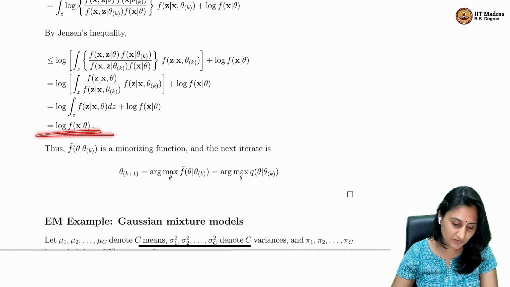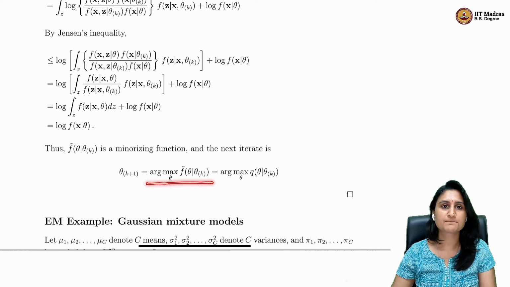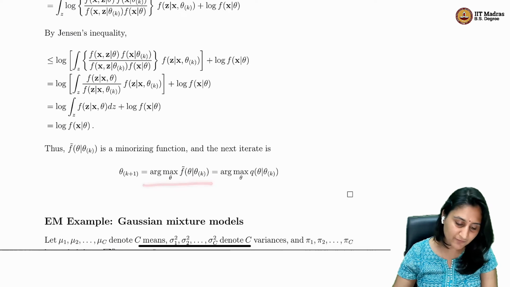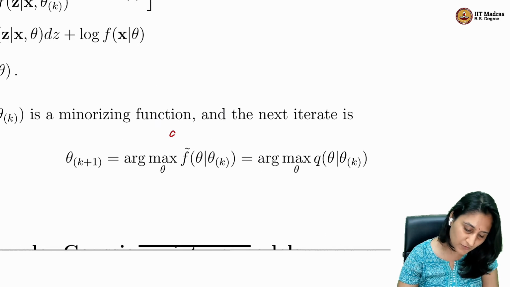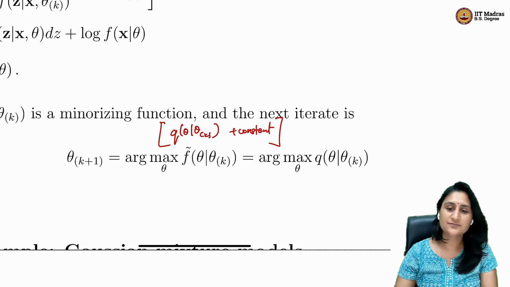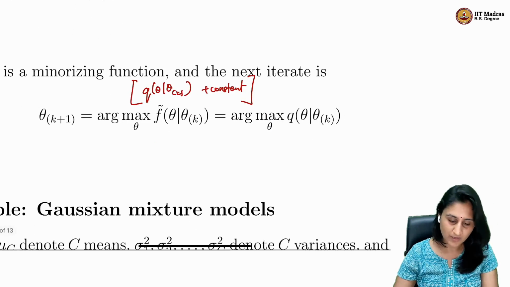Now, once I show that f tilde of theta given theta k is a minorizing function, according to the EM algorithm, the next iterate theta k plus 1 is found by maximizing f tilde. But f tilde is nothing but q of theta given theta k plus some constants that don't depend on theta, which means maximizing this as a function of theta is equivalent to maximizing just q.